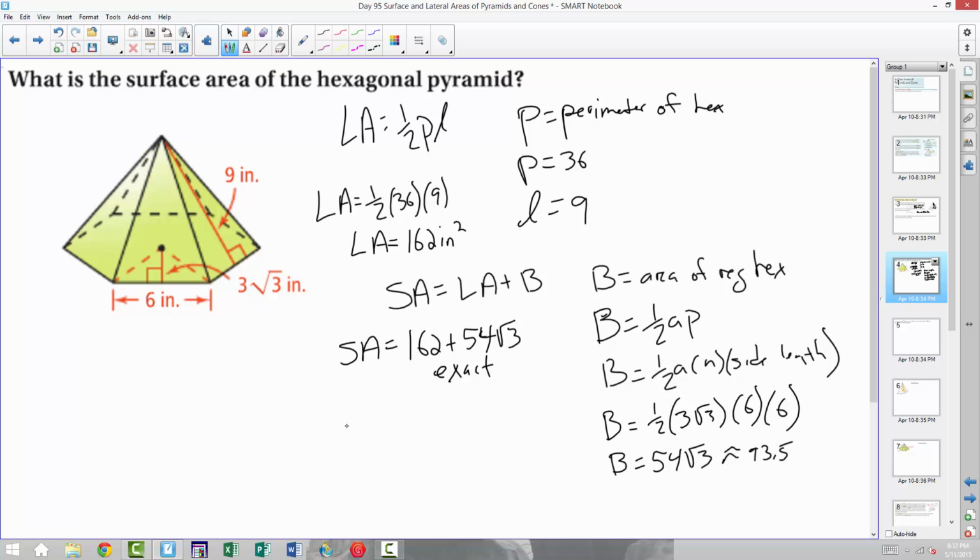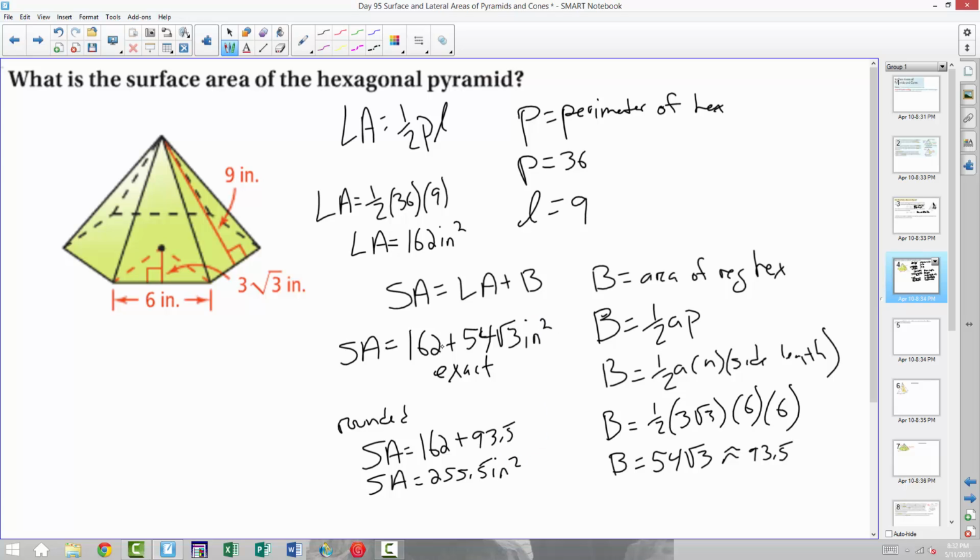So if I want the rounded answer, the surface area would be 162 plus 93.5. So if I add 162, I get 255.5. So the surface area is about 255.5 inches squared.